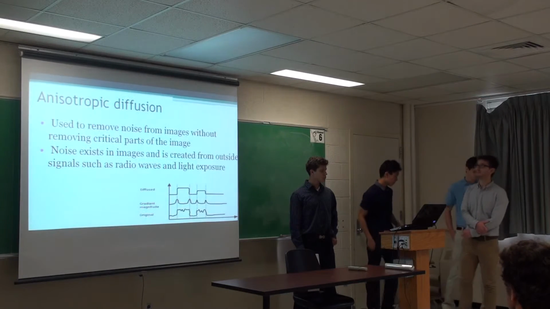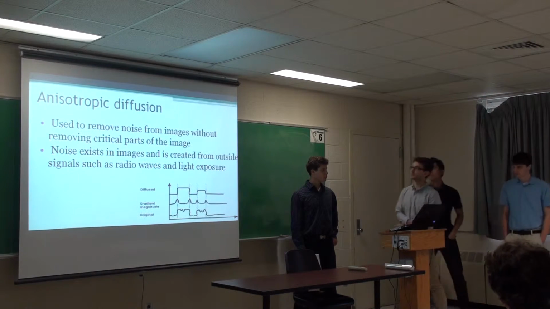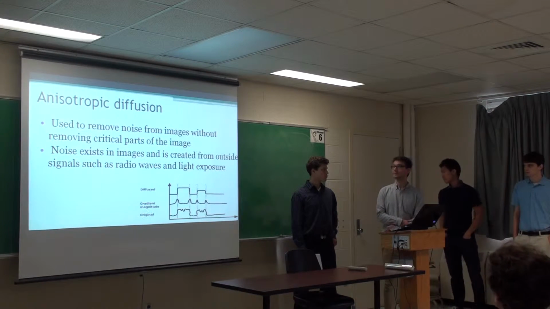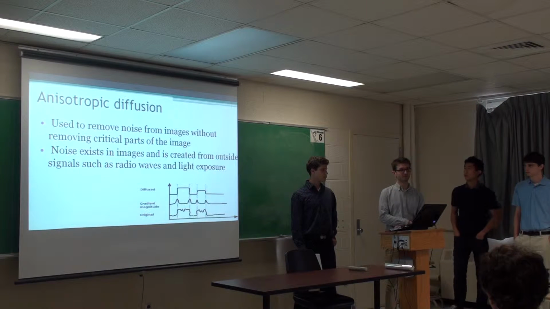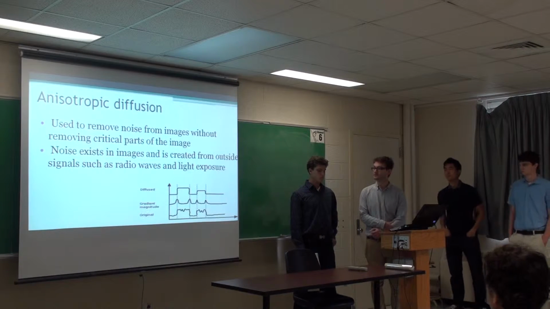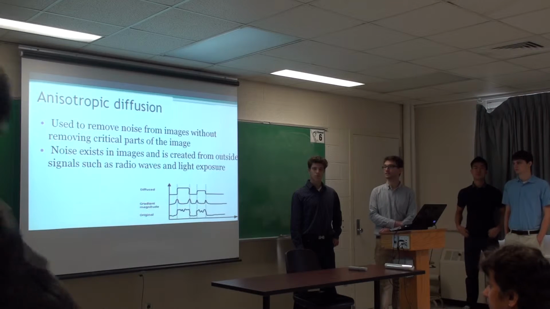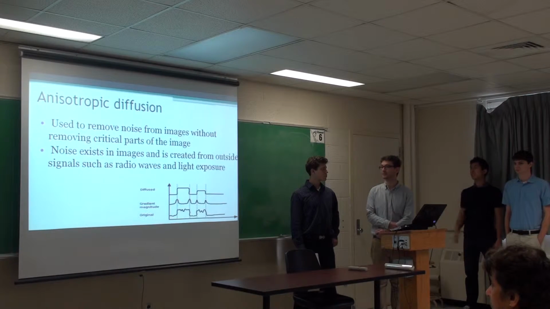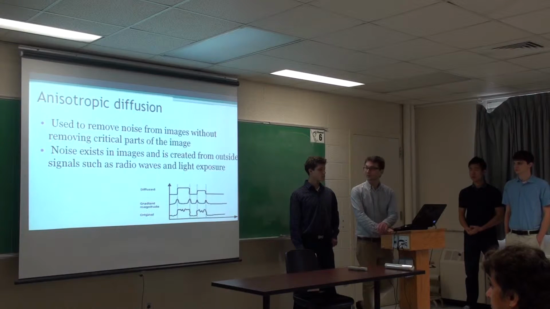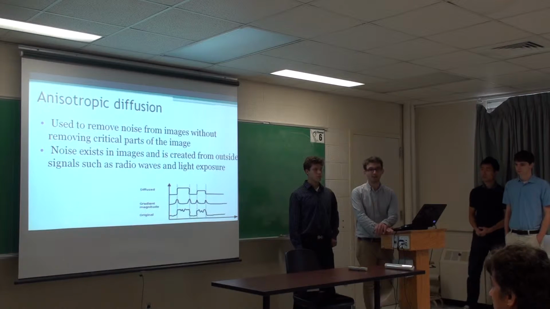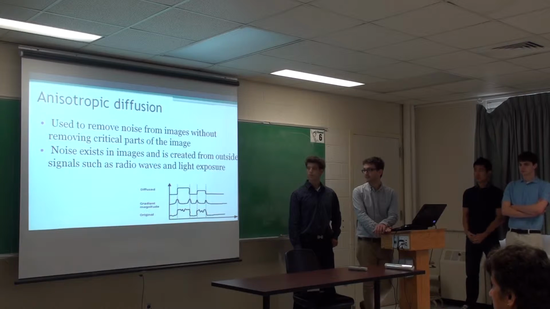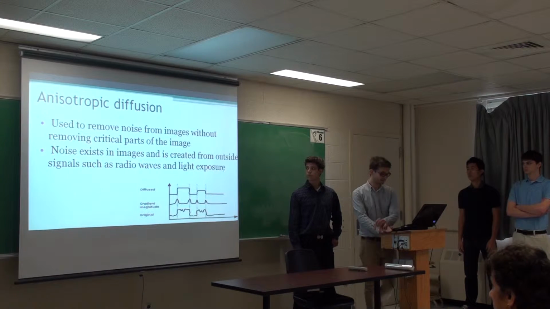Along the lines of what else digital image processing can do, I'm going to talk about anisotropic diffusion, which is used to remove noise from images. You might not think that images actually have noise, but because they're just a reconstructed signal, it's entirely possible. Noise can come from anywhere, from power lines to light, and it makes the image look like it's not supposed to.